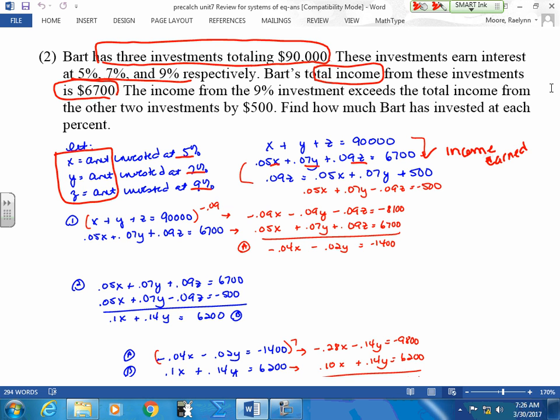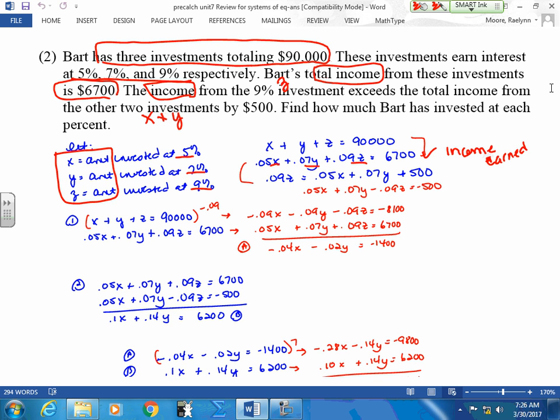Now I need one more because I have 3 variables. The income from the 9% investment, 9% is my Z, exceeds the total income from the other 2 by 500. So who has more? The Z has 500 more than the X plus Y.